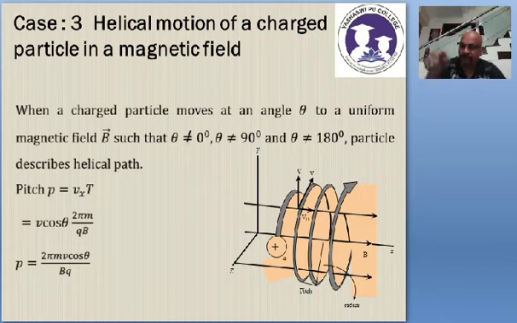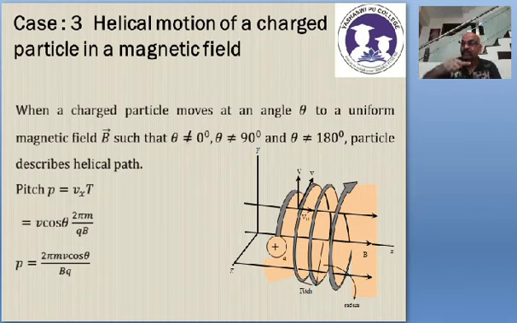So the charged particle which enters the magnetic field at some angle will have two types of motion: circular motion, along with translatory motion. That means it moves along the x axis as well as in circular motion in the yz plane, perpendicular to the x axis.